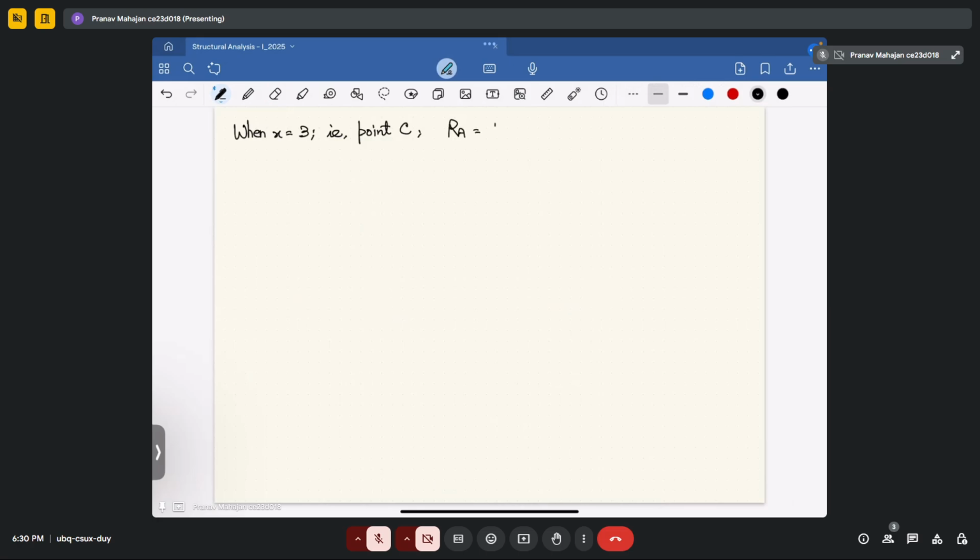It will become 1 minus 3 by 9, that means equal to 6 by 9 or 2 by 3. Therefore, your shear force at C will become 2 by 3, that is your reaction force, minus 1, which is your applied force, and it will become minus 1 by 3.